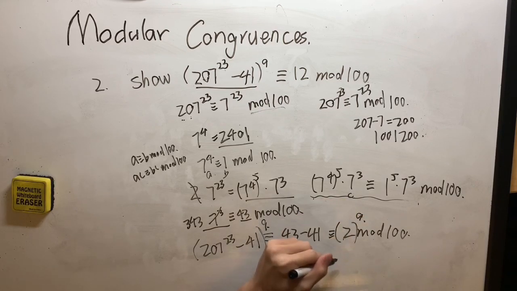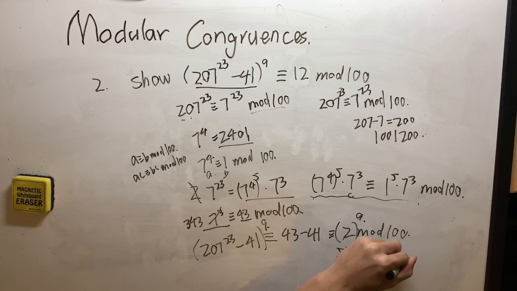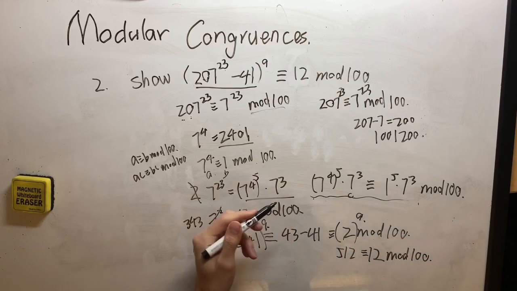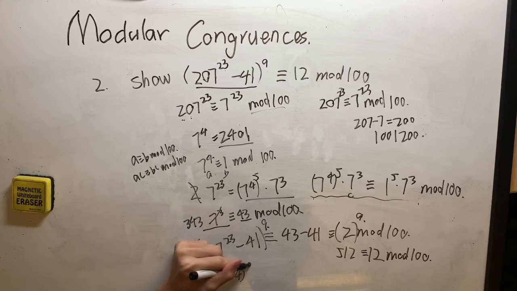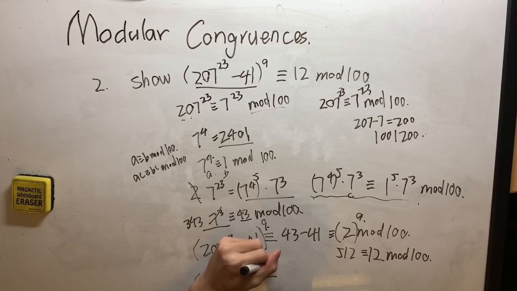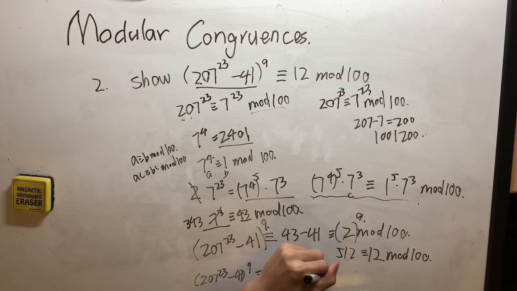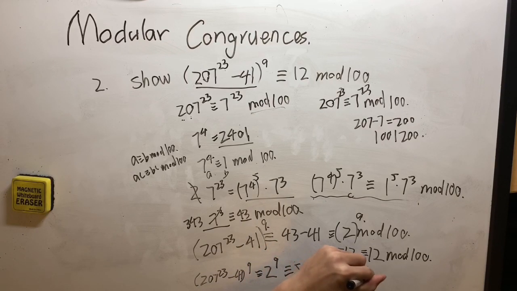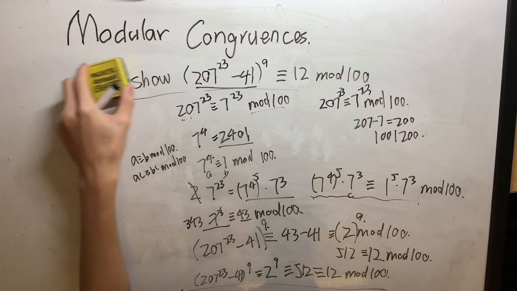So 2 to the 9th, which is 512, and 512 is congruent to 12 mod 100. Thus, 207 to the 23 minus 41 to the 9th is congruent to 2 to the 9th, which is congruent to 512, which is congruent to 12 mod 100. Thus, we prove this question.